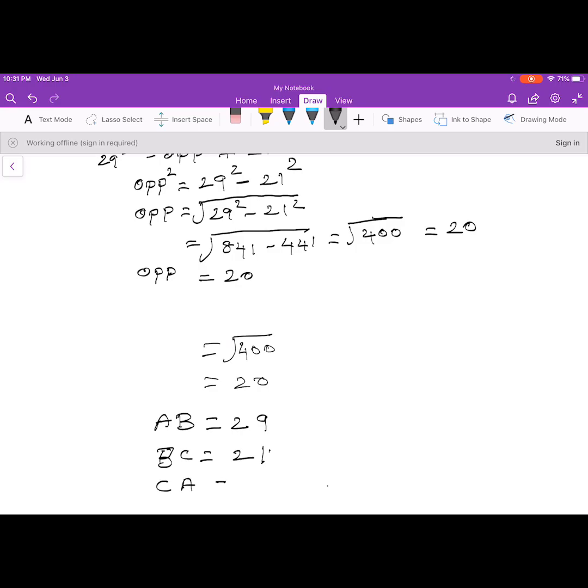CA is equal to 20. I got it. So our AB is 29, BC is 21 and CA is 20.